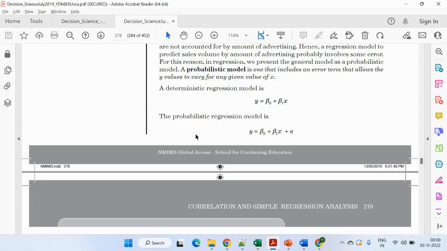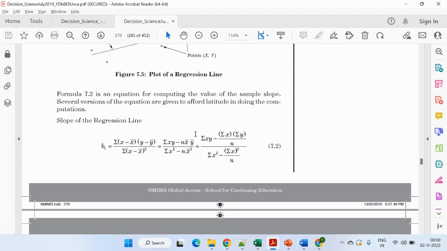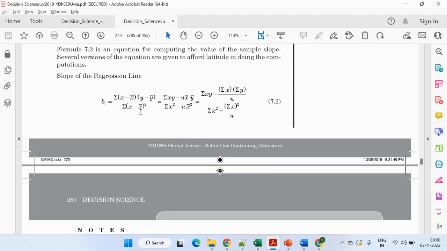And if you talk about the formula, there's somewhere mentioned in the formula. Yeah, this is the formula. Slope of the linear regression line is equals to b equals to summation of (x minus x bar) into (y minus y bar) upon summation of (x minus x bar) whole square. Or in different way, you can just calculate the summation of x into y minus summation of x into summation of y upon n, where n is the total number of variables, upon summation of x square minus summation of x whole square upon n.